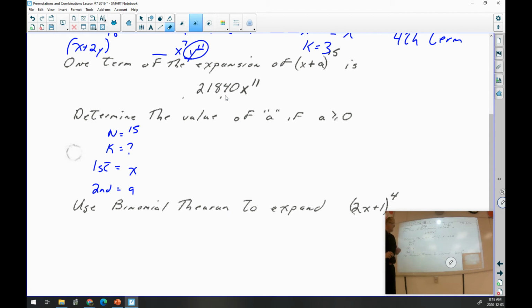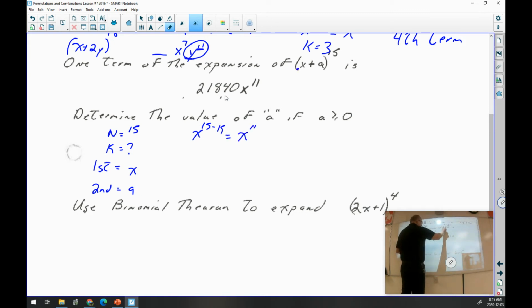Now, if I could find k, I could probably do something here. Well, if we look at x to the 11th, we know that within that, x to the power of 15 minus k is equal to x to the 11th, because x is first within our binomial expansion.